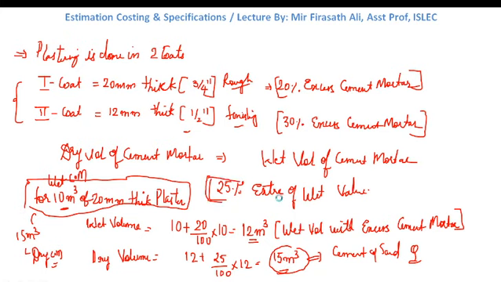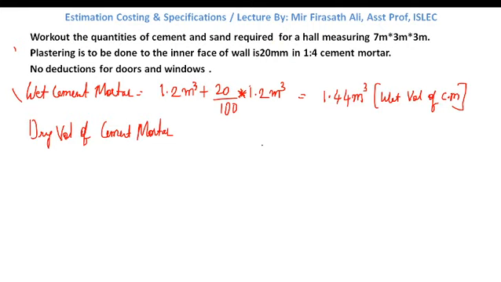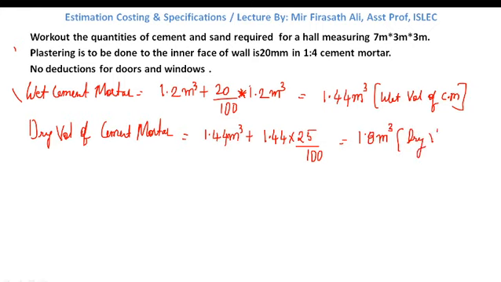Dry volume is 1.44 meter cube plus 1.44 meter cube into 25% extra. So this will be around 1.8 meter cube. This is the dry volume of cement mortar.